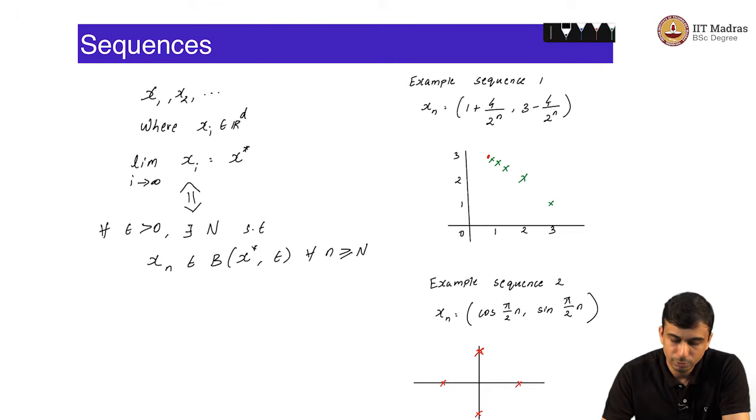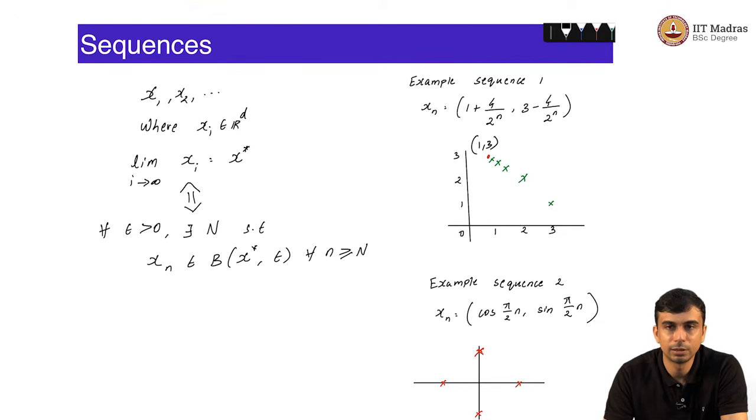Whatever epsilon you choose, which means however small a ball that you choose around x star, you can see that after some large enough n, your xn's are going to stay inside that ball. You can choose however small a radius that you want. You can choose a radius of 0.1, 0.01, 0.001. You can choose whatever radius around x star, which is in this case 1 comma 3.